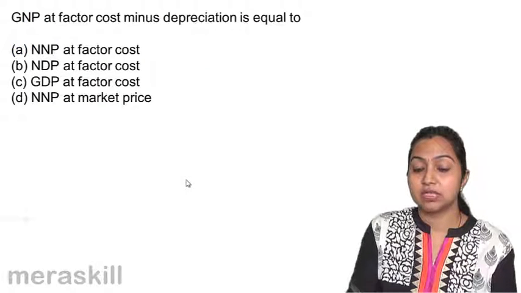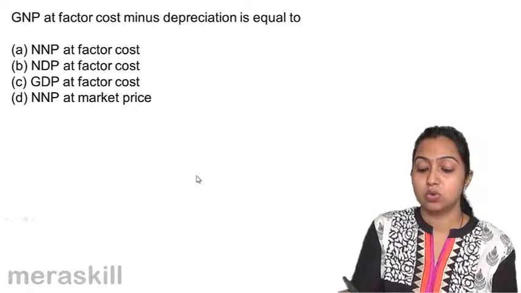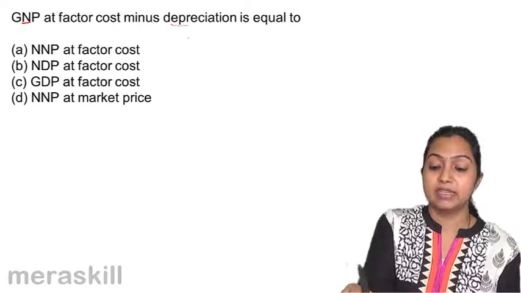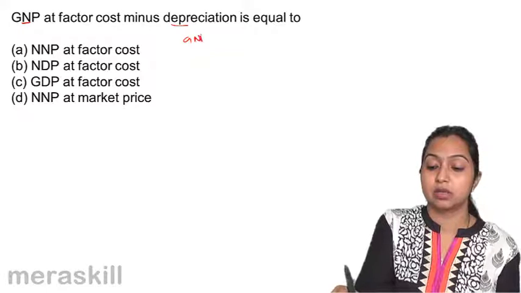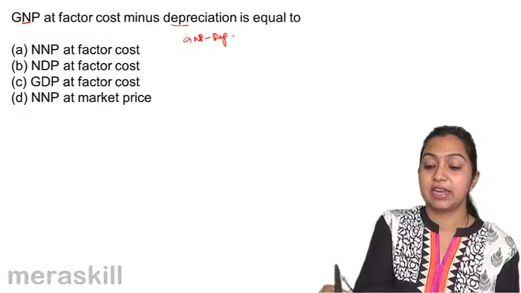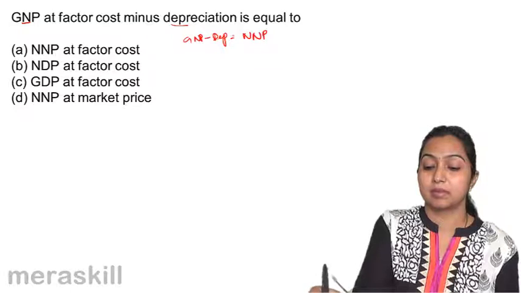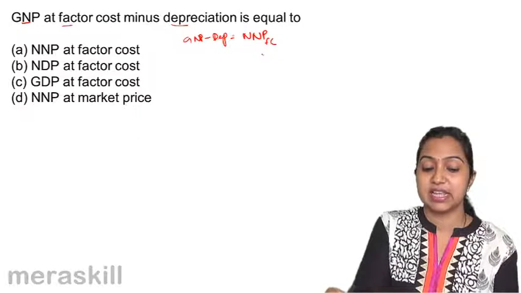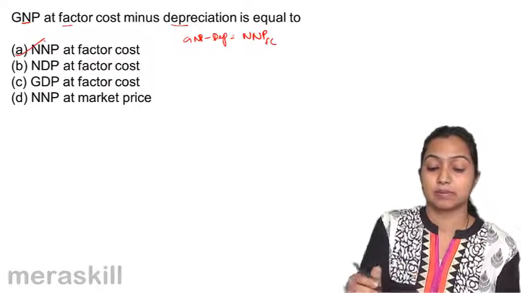GNP at factor cost minus depreciation is equal to NNP at factor cost. Factor cost doesn't make any difference.